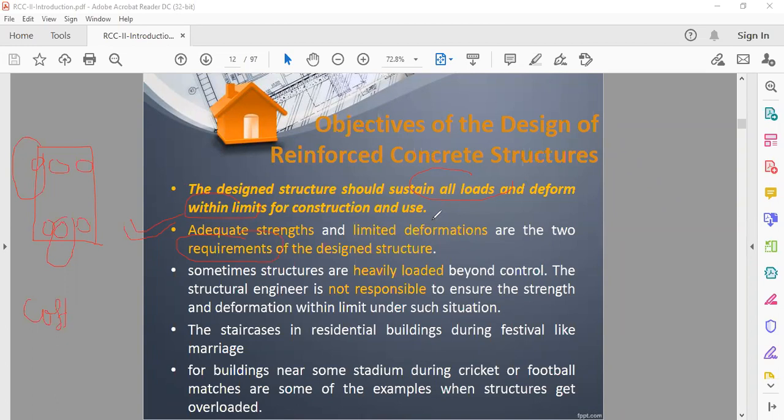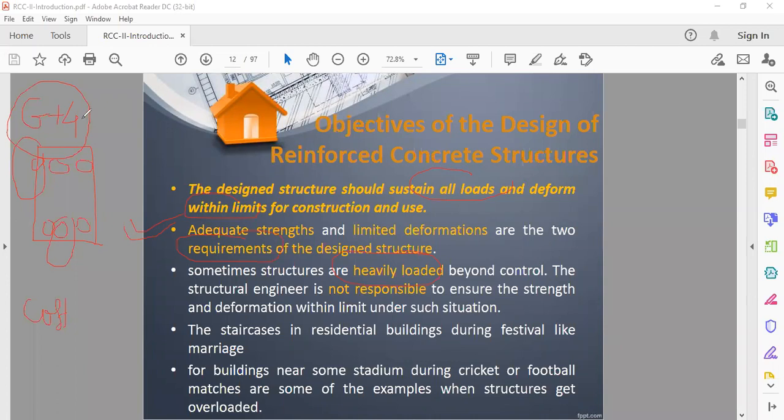Sometimes structures are heavily loaded beyond control, and the structural engineer is not responsible for ensuring strength and deformation within limits in such a situation. Suppose the structure is designed only for G+4, but there are certain builders who are not even civil engineers, or small contractors who do not have a degree or even a polytechnic diploma in civil engineering, and they just say, go for G+5 instead of G+4.